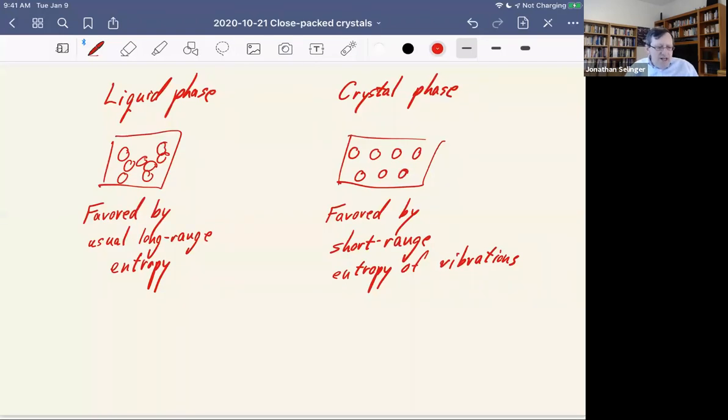And so in the next class, I will begin with talking about what are the mechanical properties of solids compared with liquids. So how do we distinguish them? And then we'll go on to amorphous solids, right? The solids without crystalline order.